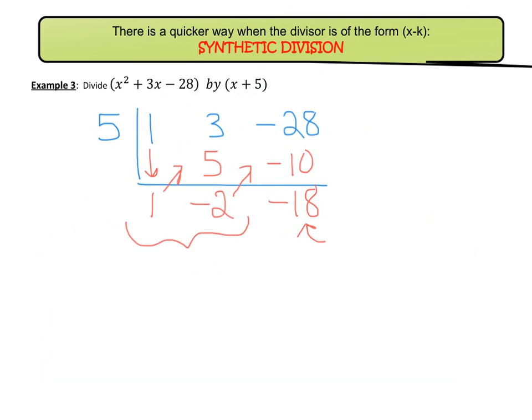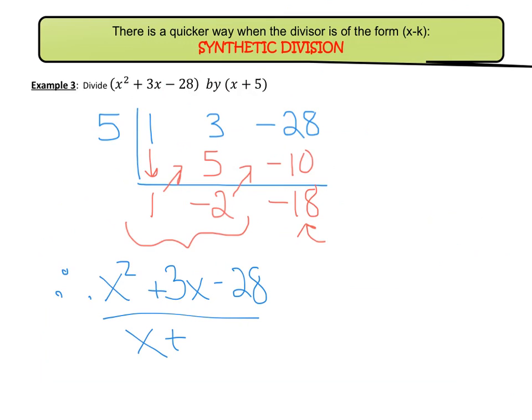So here we have our answer in quotient form. This is what we found out. We found out that x squared plus 3x minus 28, when we divide that by x plus 5, we get 1x minus 2. And then we have a remainder of negative 18, which of course still has to be divided by our x plus 5.